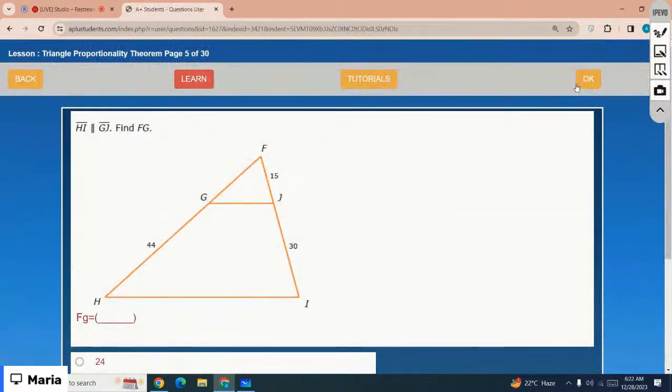Okay, HI and GJ are parallel. Find FG, which is the correct option? Which is the correct option?